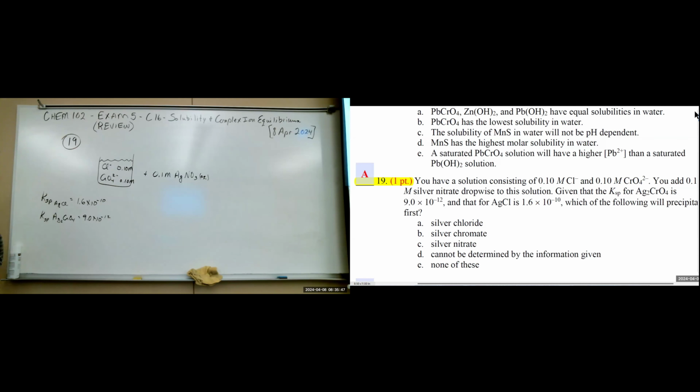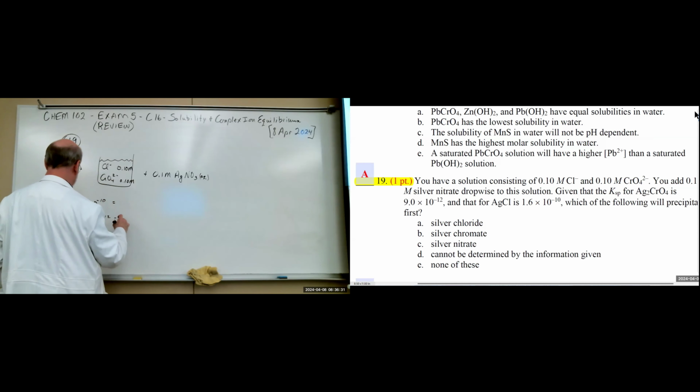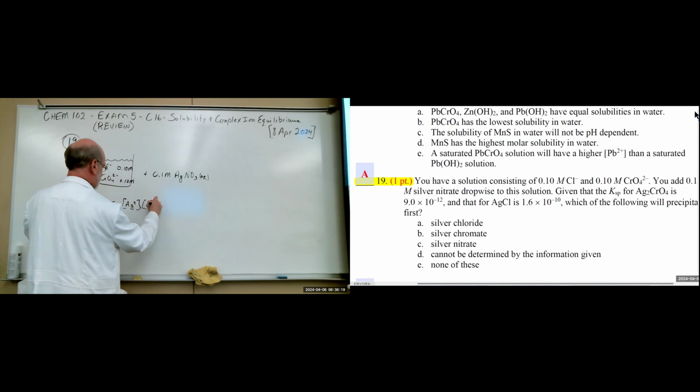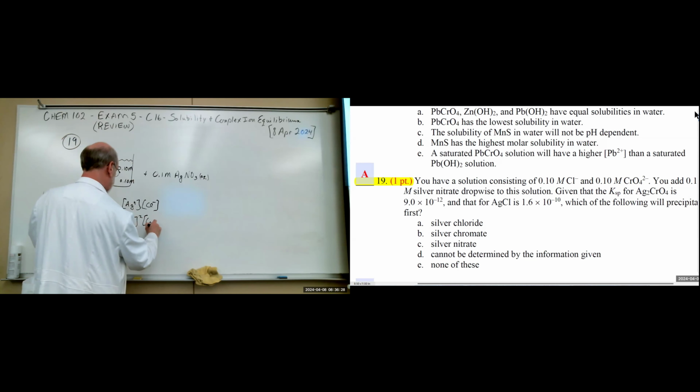So how do we know which one's going to precipitate first? Remember the comparison you can make between the Ksps and the Q. If we can calculate the Q for each one of these situations, then we can compare that Q to the Ksp and see, is it going to precipitate? So this is going to be silver and chloride, and this is going to be silver squared and chromate.